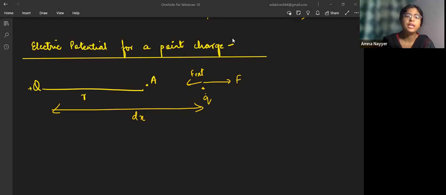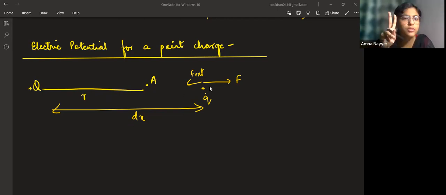Okay, see. This is just a case that I have taken. Charge Q is present, point A is kept, where the separation of charge Q and point A is small. I have taken small q as the test charge. The separation from this capital Q, I have taken as dx.